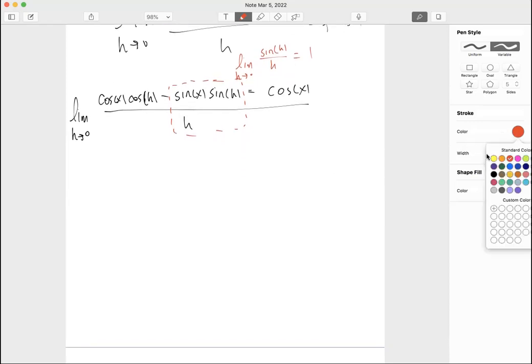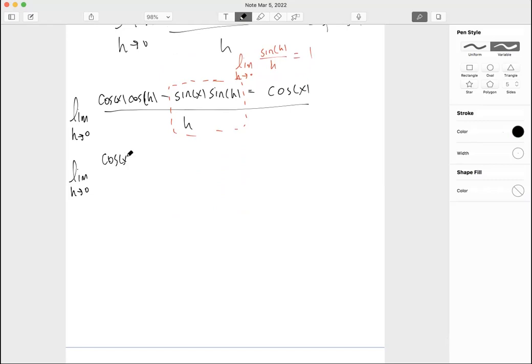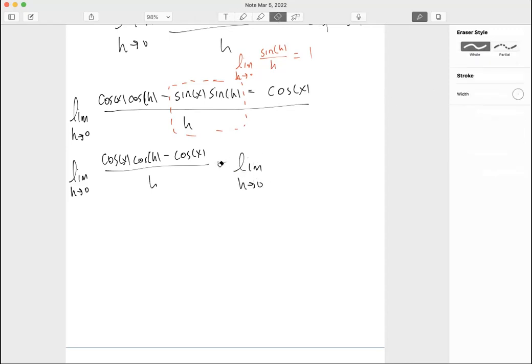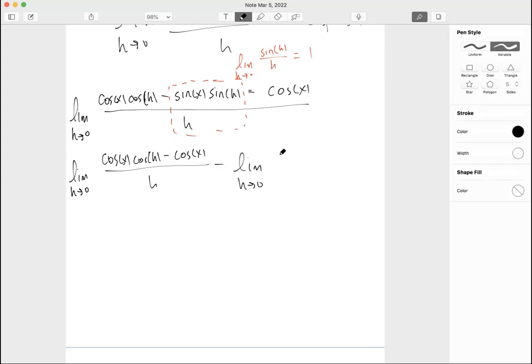So the first step in here would be to split up the fraction. And let's have cosine x cosine h minus cosine x over h. And then we have minus the limit as h goes to 0 of sine of x sine of h over h.